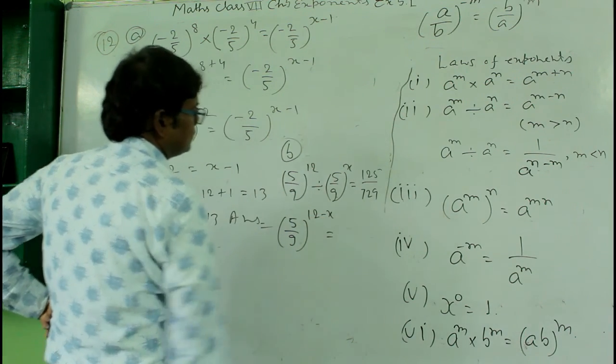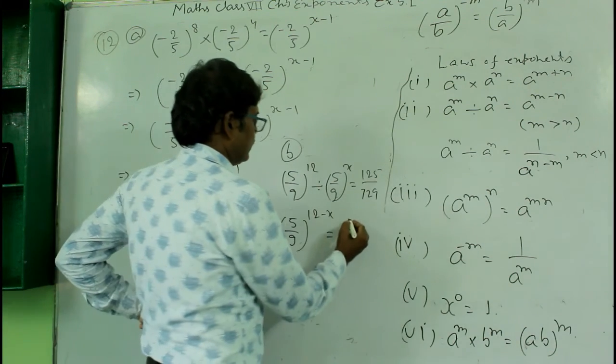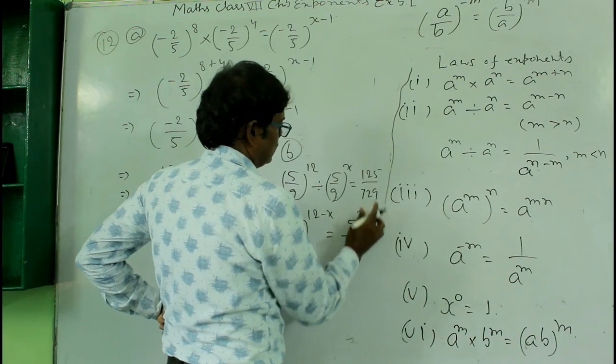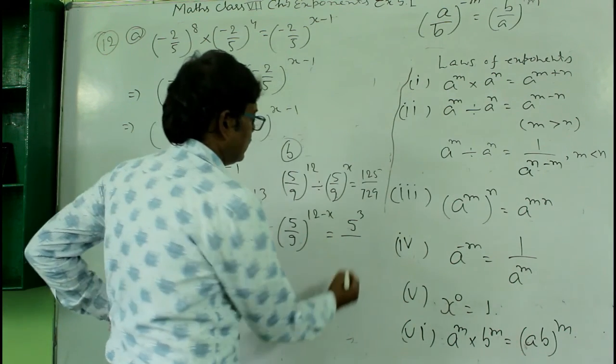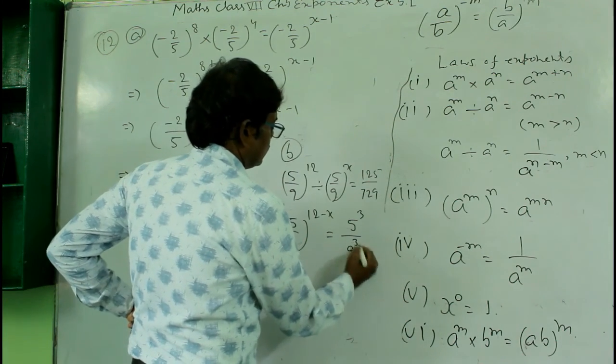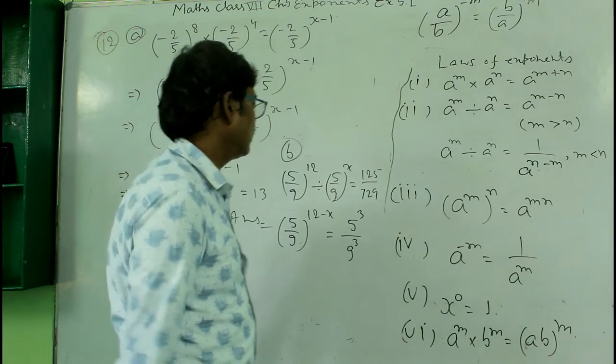And you can write 125 as 5 to the power 3 and 729 as 9 to the power 3, because 9 9s are 81 and 81 9s are 729.